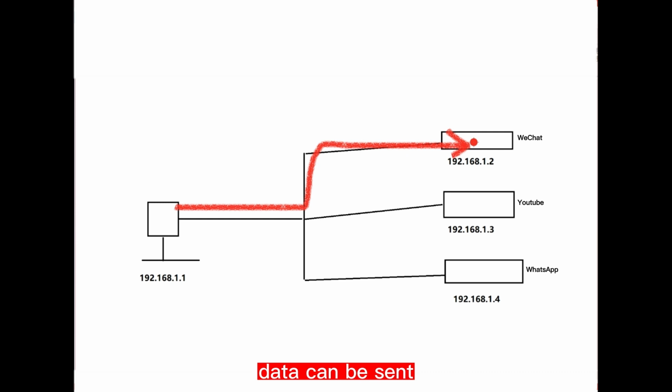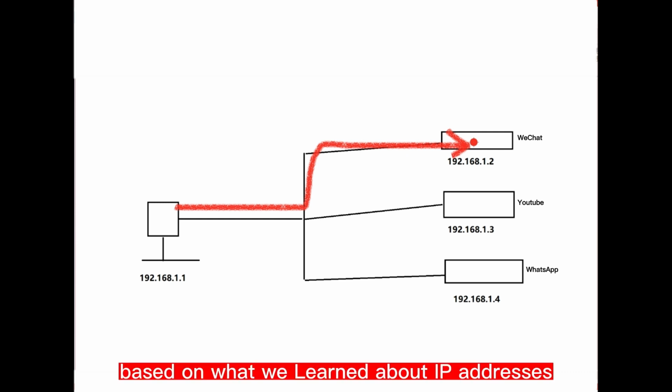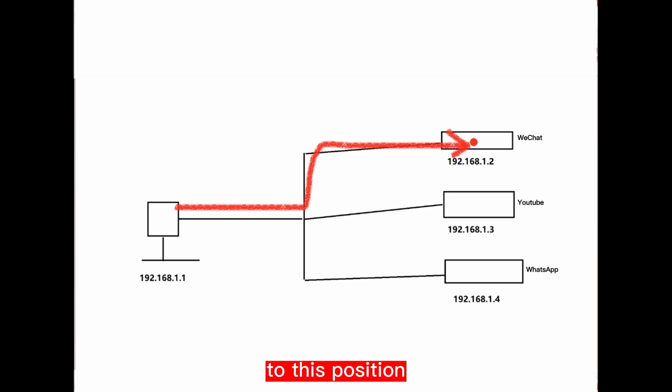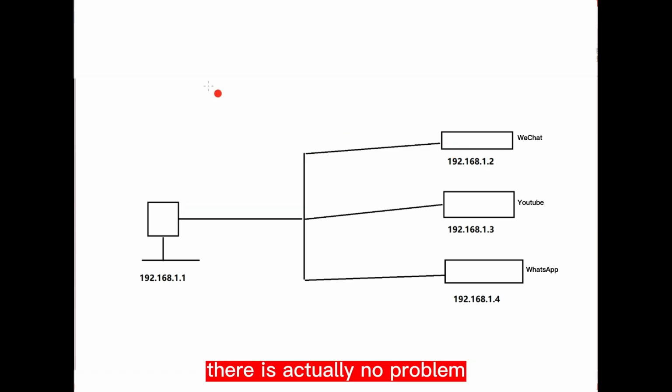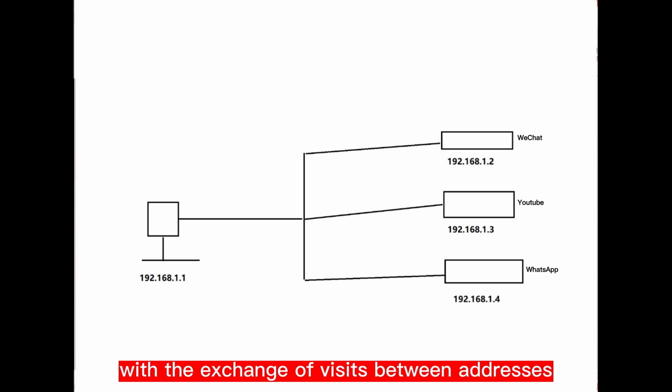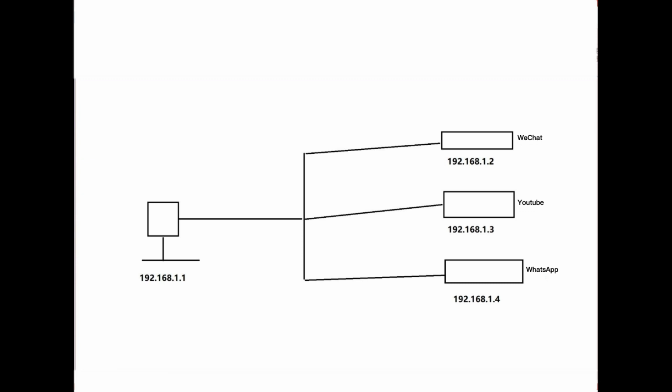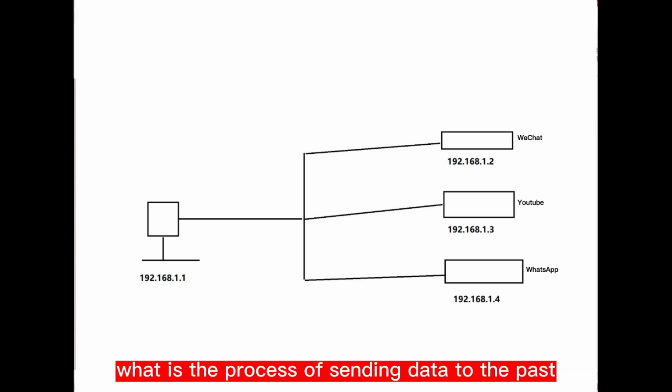Data can be sent. That is, based on what we learned about IP addresses, there is actually no problem with the exchange of visits between addresses. Data can come. But we're going to see what the process of sending data is.